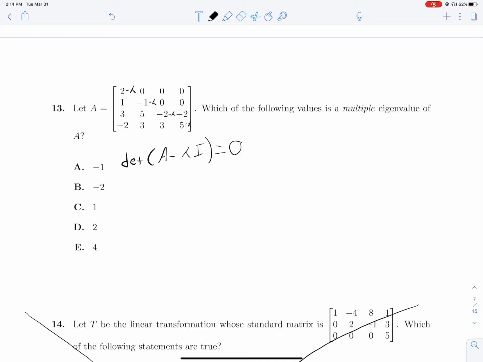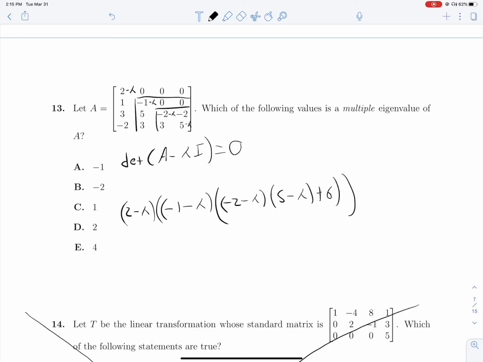We can express this determinant as 2 minus lambda multiplied by the determinant of this submatrix, which is negative 1 minus lambda multiplied by the determinant of this submatrix, which is negative 2 minus lambda multiplied by 5 minus lambda plus 6.